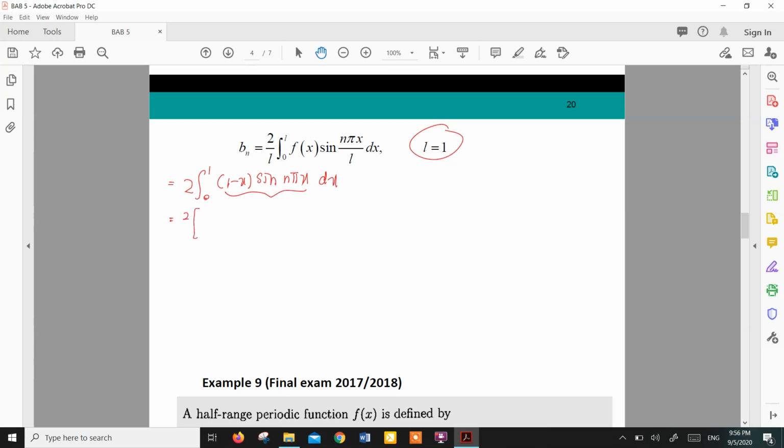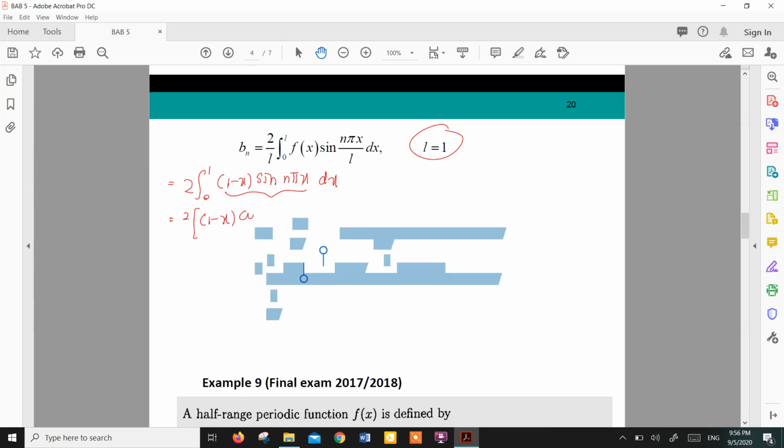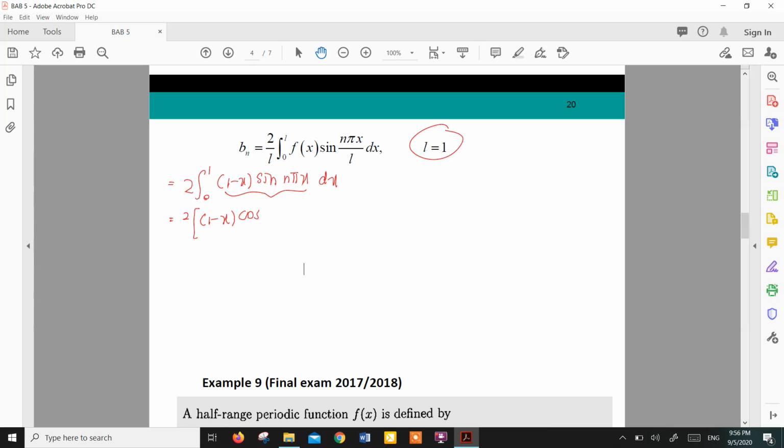You will get 1 minus x, then you'll have negative cos n pi x over n pi, plus sine n pi x over n squared pi squared, from 0 to 1. Okay, then you substitute the values.